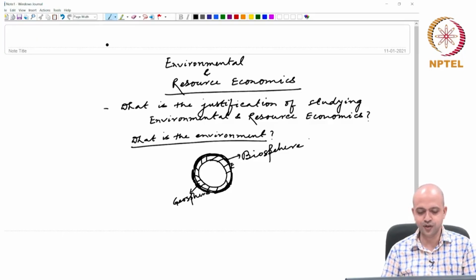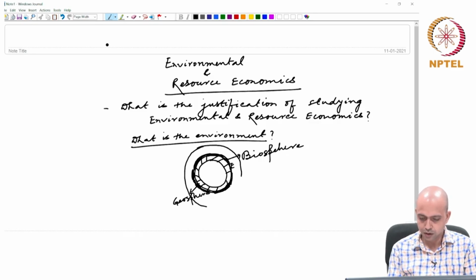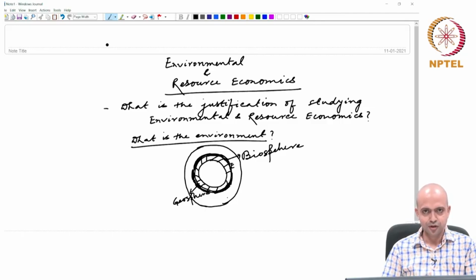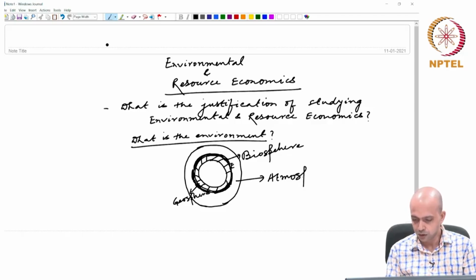And then above the biosphere there is another layer, where all the valuable gases belong, the outermost layer, which is called the atmosphere.